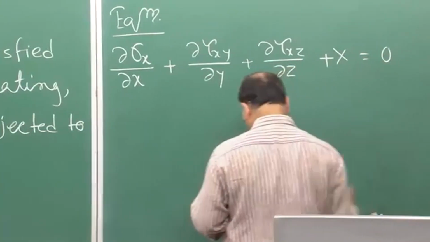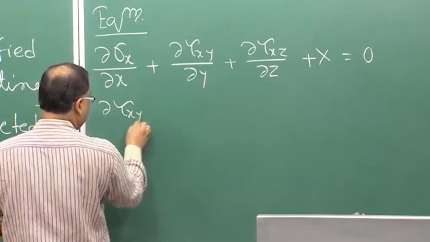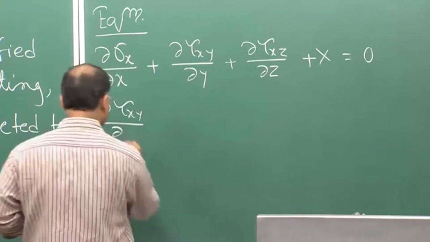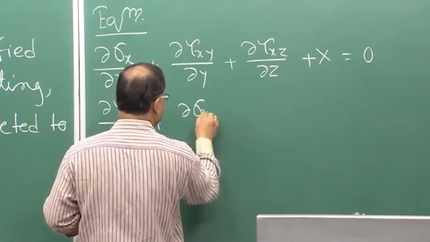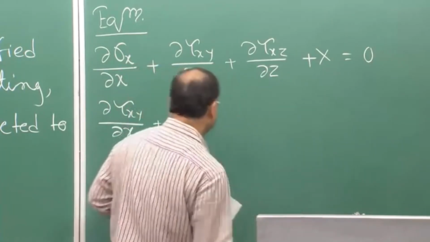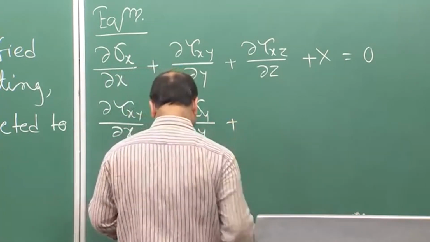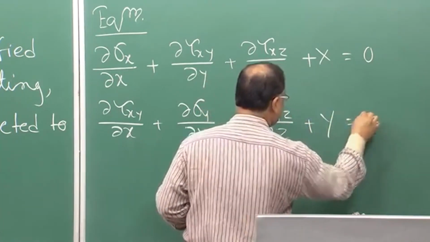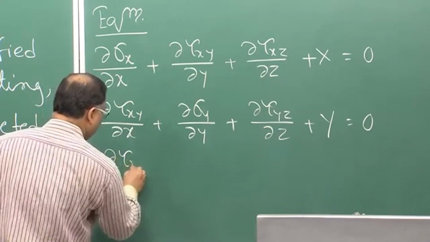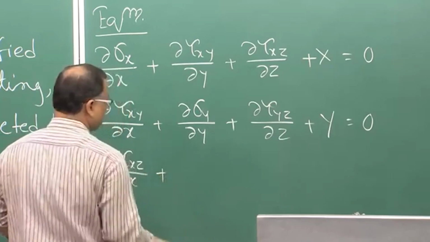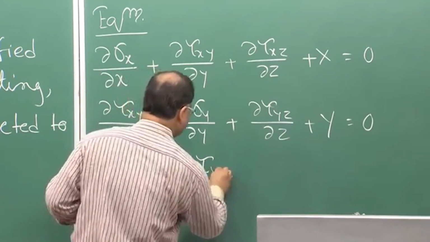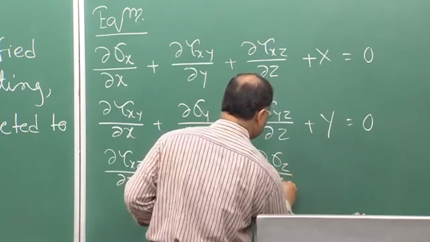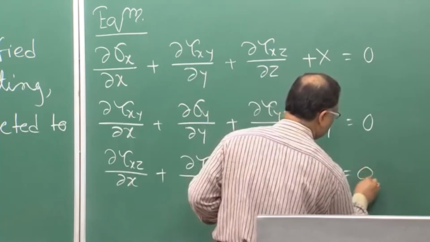Plus X equal to 0, del tau xy by del y, del x, plus del sigma y by del y plus del tau yz by del z plus Y equal to 0, and del tau xz by del x plus del tau yz by del y plus del sigma z by del z plus Z equal to 0.